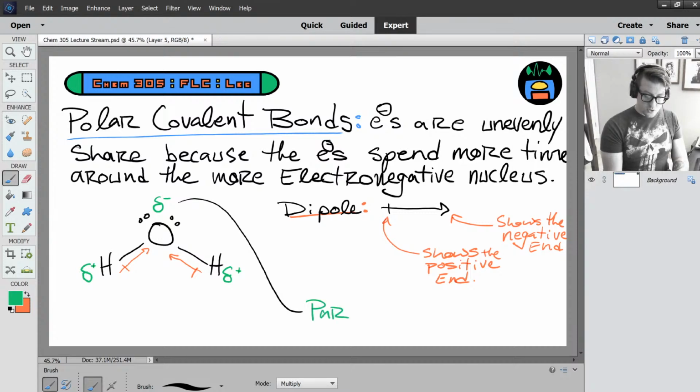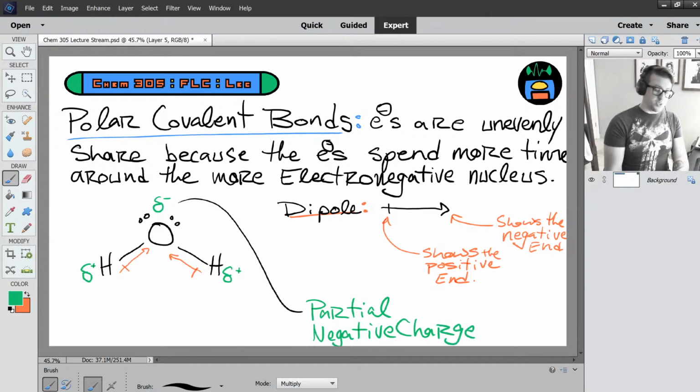represents a partial negative charge, all right, that's the Greek symbol delta with a minus sign, and then the delta plus indicates a partial positive charge.